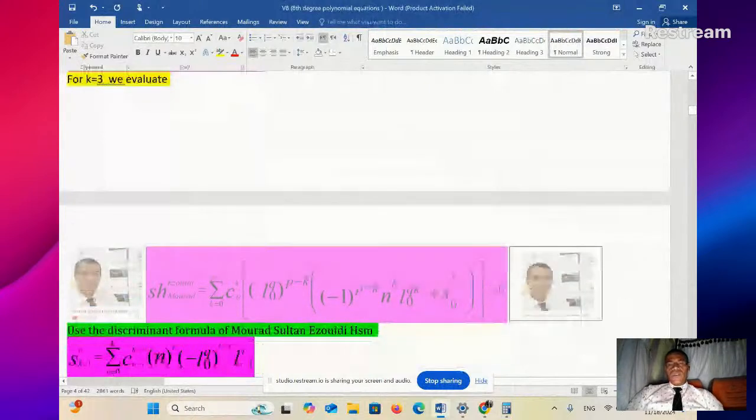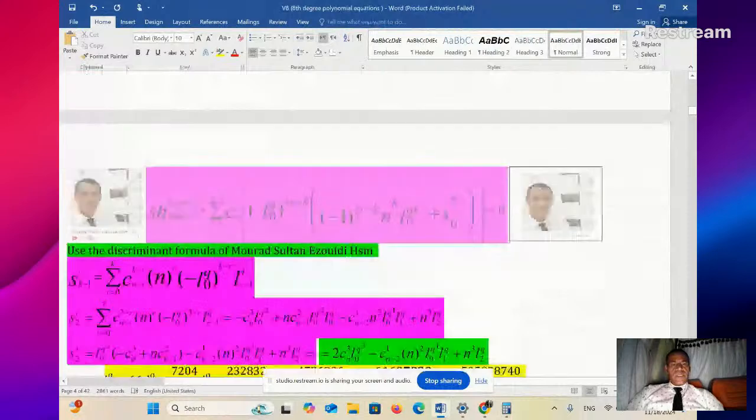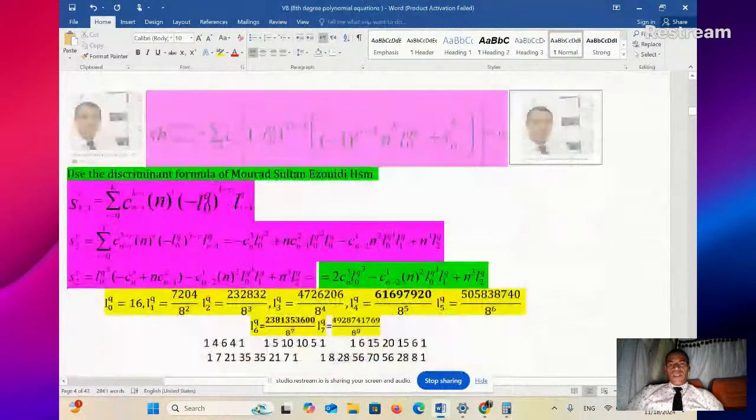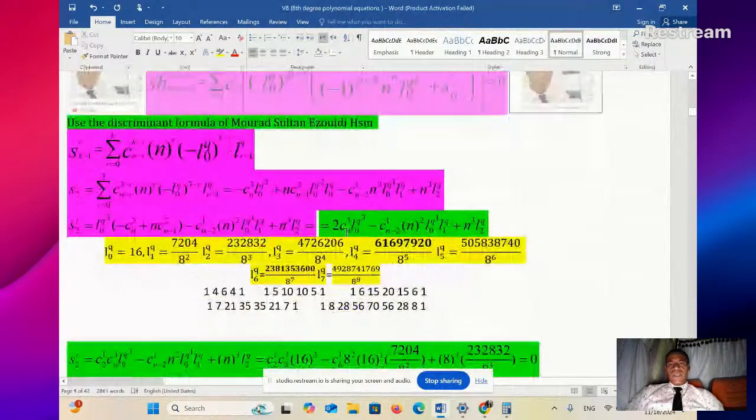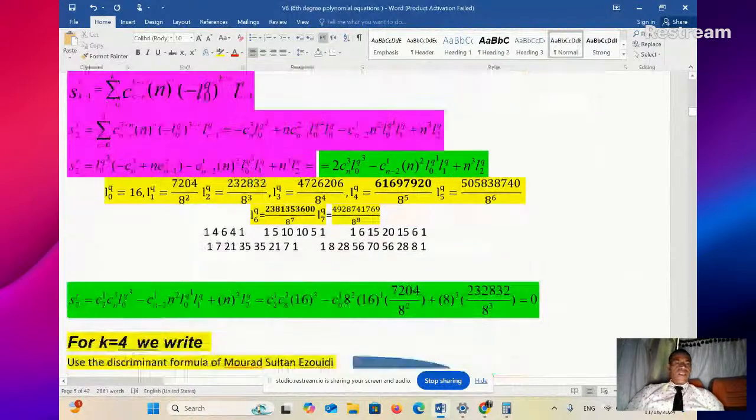I'm going to focus on the last formula that has been generalized from my discriminant formula, which is this one: 2 combination n choose 3, n is 8 because the highest power is 8, times n0 raised to the power 3 minus combination n minus 2 choose 1 times n1 plus n cubed times n. There, this is a substitution.